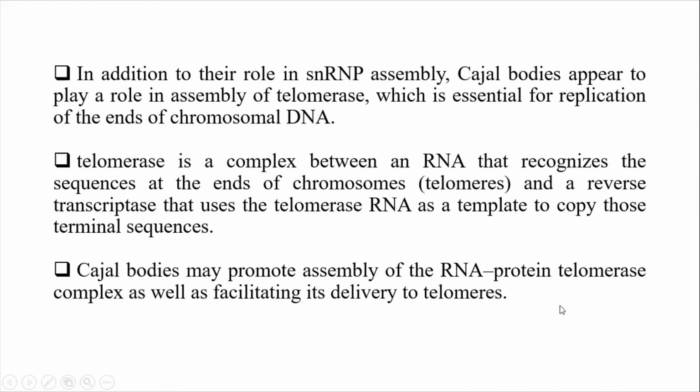Otherwise, if telomerase was not there, तो आपके chromosome हर replication round में छोटे होते जाएंगे. Eventually, they will result in the loss of genes, and that's why you have telomerase in all your stem cells. Now, all this assembly of telomerase happens in the Cajal bodies.